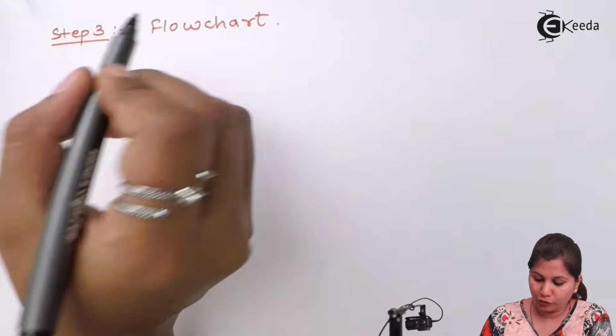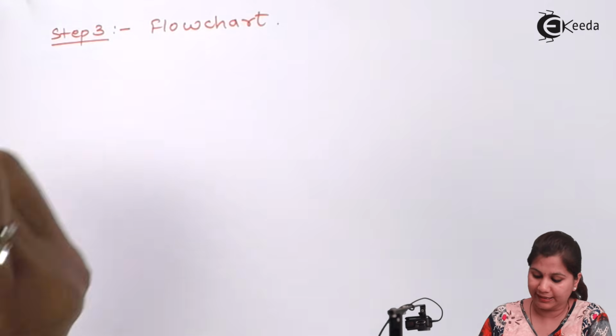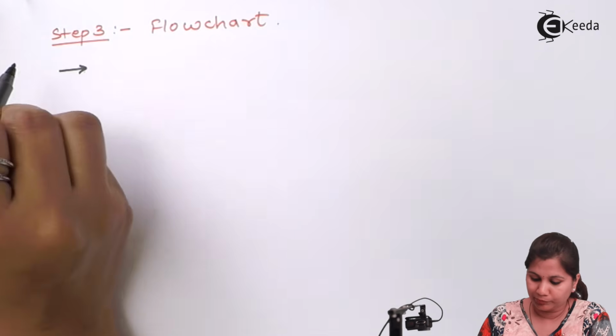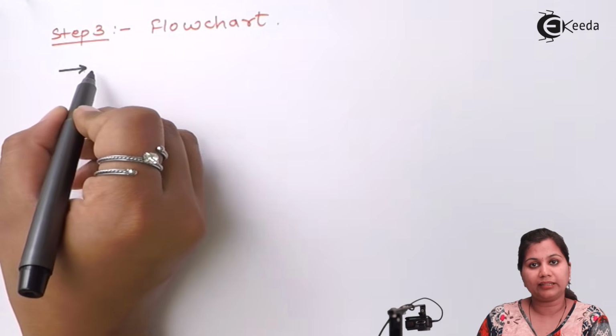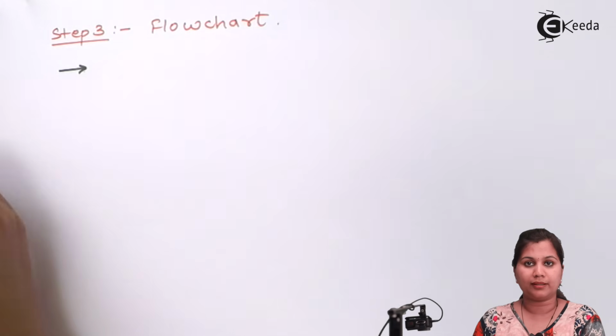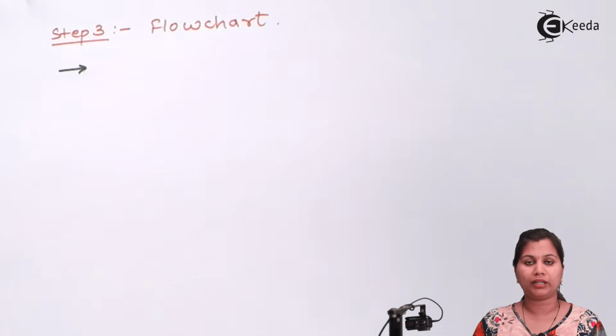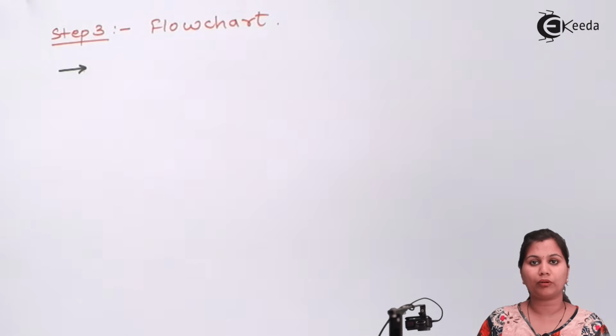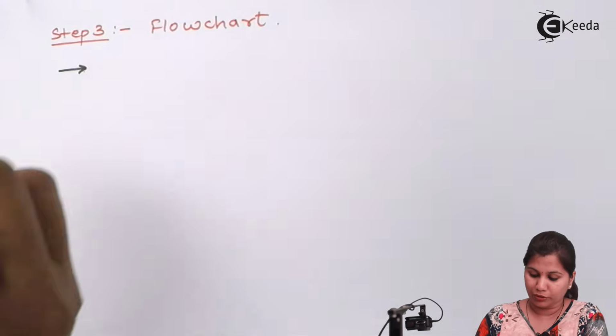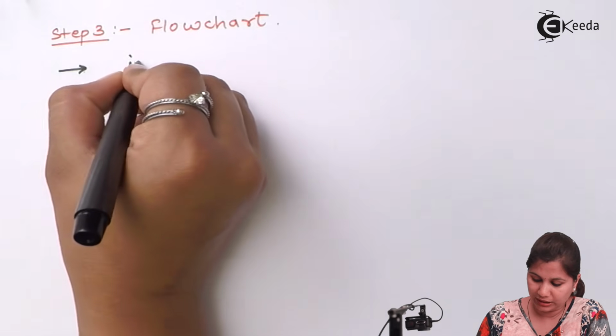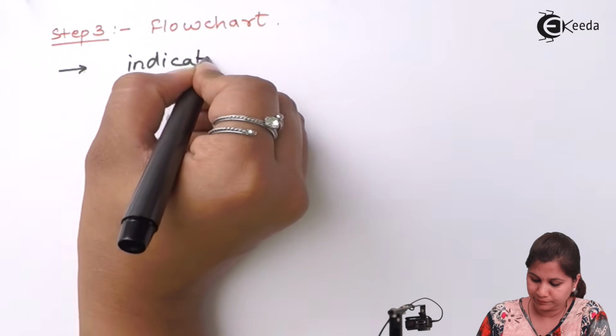Now in this flowchart you will use different signs, like an arrow. Arrow will indicate the direction of the program. Okay, like in which direction the program is being followed. So arrow is used to indicate the direction.